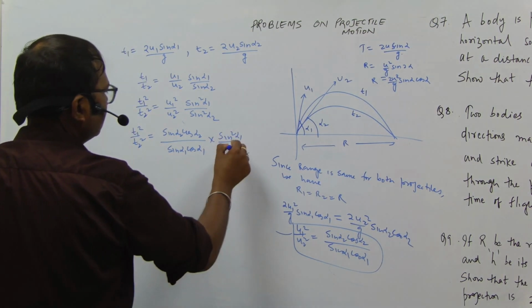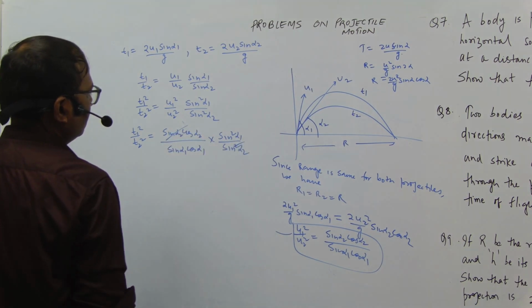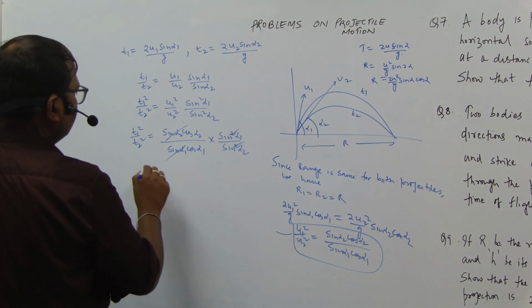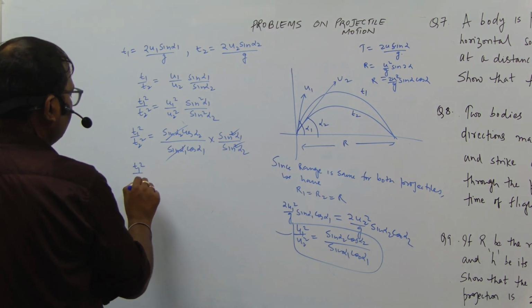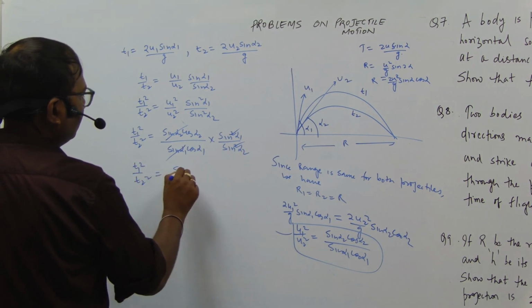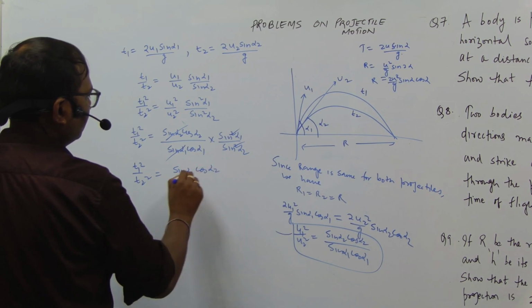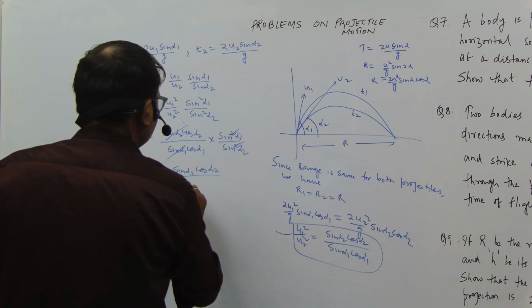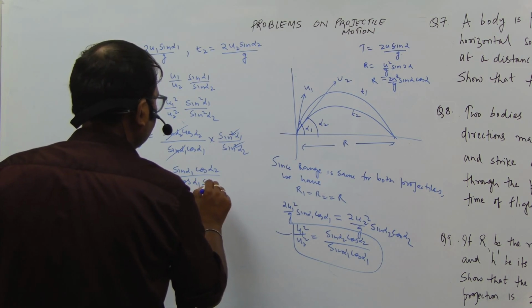Okay, so this gets cancelled, sine square alpha 1 gets cancelled. So T1 square upon T2 square is equal to sine alpha 1 cos alpha 2 upon cos alpha 1 sine alpha 2.